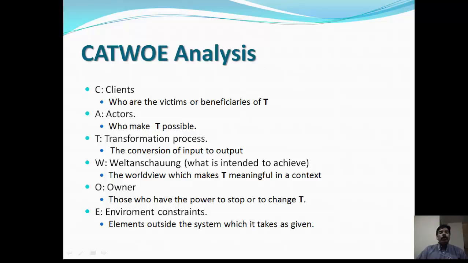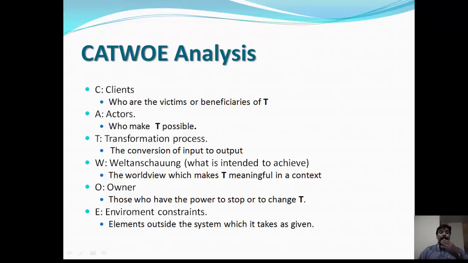Then we need to define the Weltanschauung, that it's a German word, and it means what it's intended to achieve. We have a transformation process, but we are searching something with this transformation process. If we sell gas at a gas station, it's because we need to satisfy our customers in a way that they want to return to us, that they want to keep buying gas from us, not from another gas station.